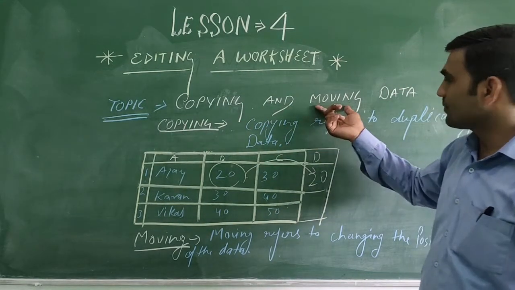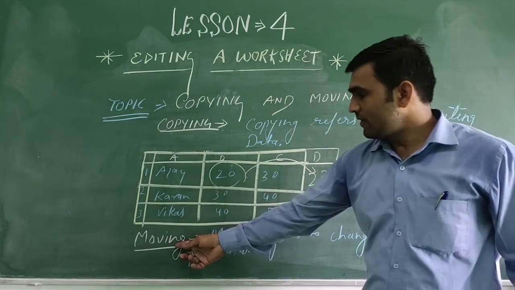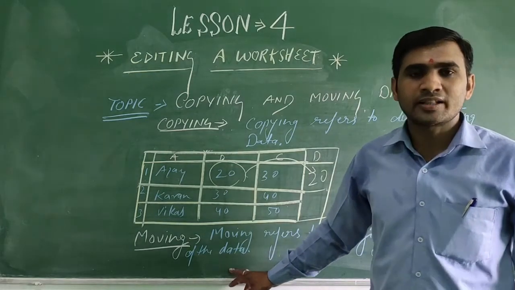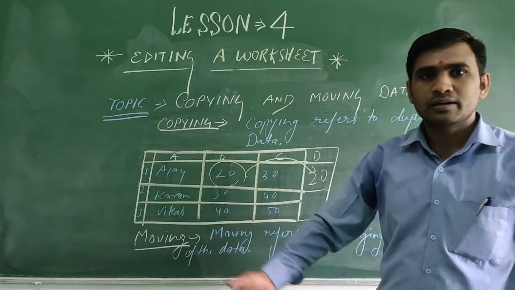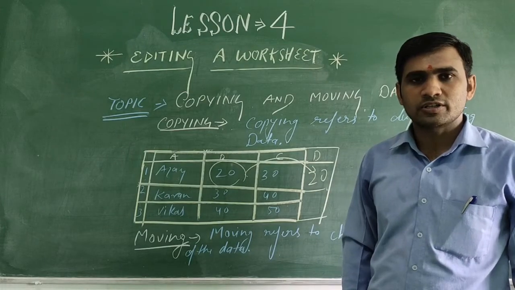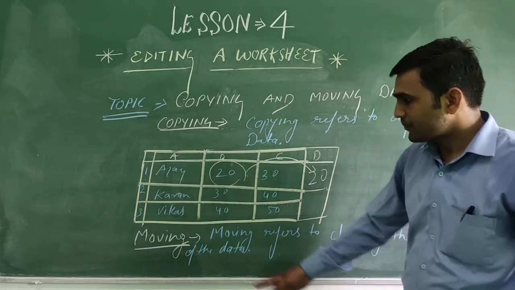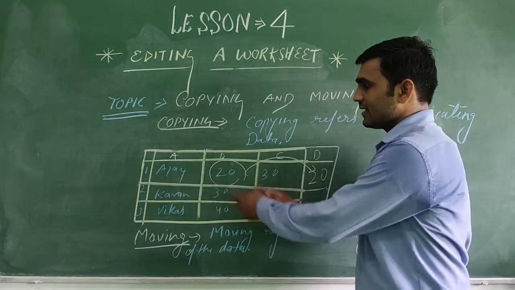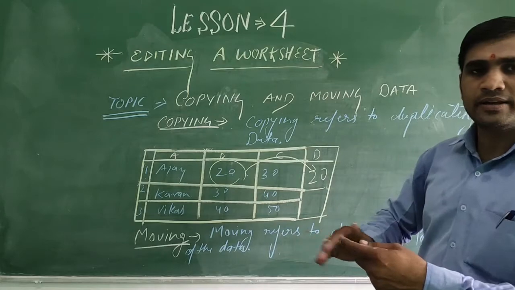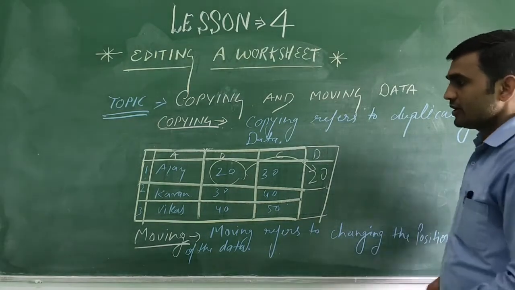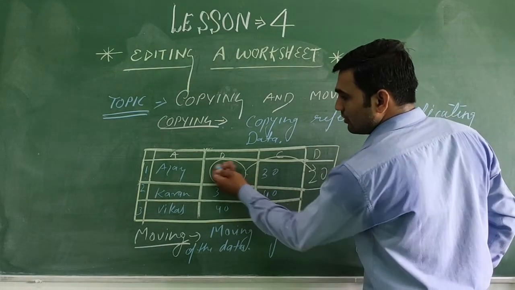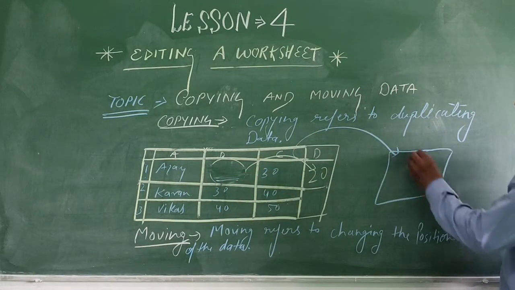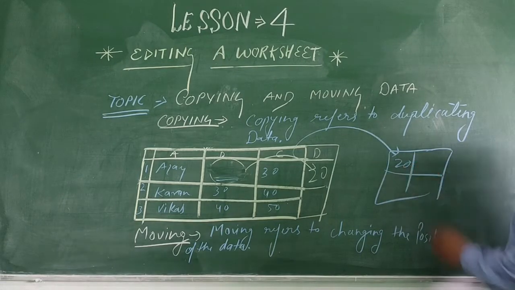Now the second topic is moving data. Moving refers to changing the position of the data either in the same worksheet or in another worksheet. If you want to move data to another location, your value will disappear from that place, and you can paste it in a new worksheet.